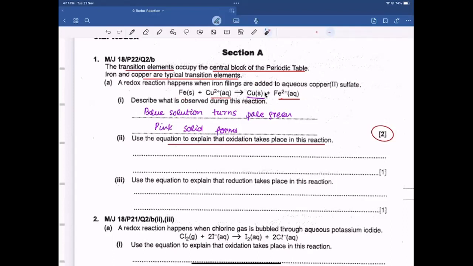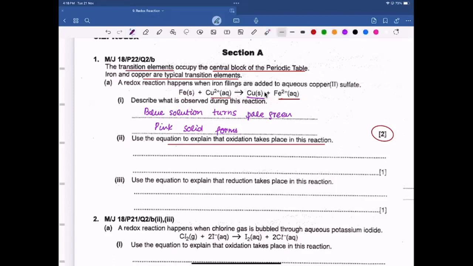So if we look at iron, initially the oxidation number of iron is 0, and here it is +2. So the oxidation number of iron is increasing, which means iron is undergoing oxidation. Is this clear?